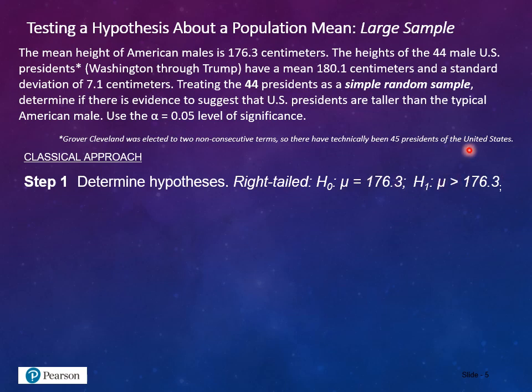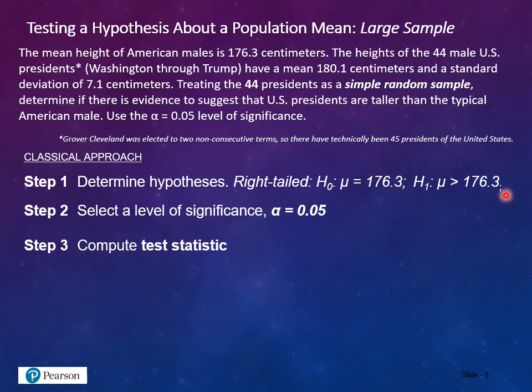And so our alternative hypothesis is that the mean is greater than 176.3. All right, so we can see that it's right-tailed. We have our two hypotheses. The level of significance is given to us in the problem, alpha equals 0.05.